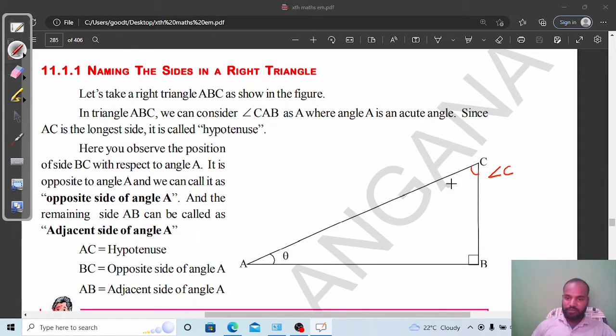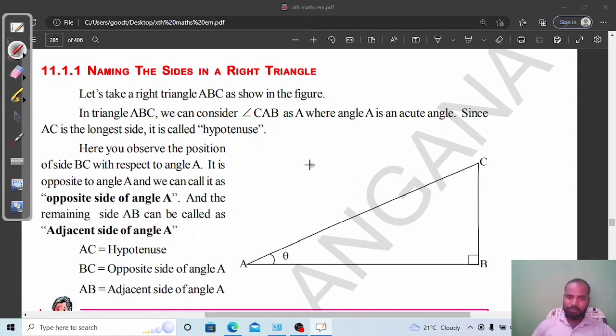The opposite side with respect to angle C is AB. With respect to angle C, what is adjacent? BC is adjacent. Don't forget, this is very important. You may confuse with this, but you are not going to confuse here. So I am explaining very clearly.